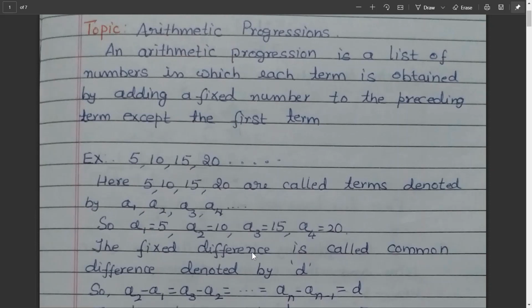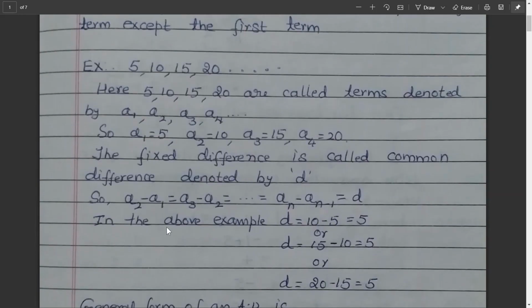And the fixed difference, the number which we are adding to get the next term, is called the common difference and is denoted by D. So here how to find D? We have to subtract second term minus first term, or third term minus second term, or fourth term minus third term.